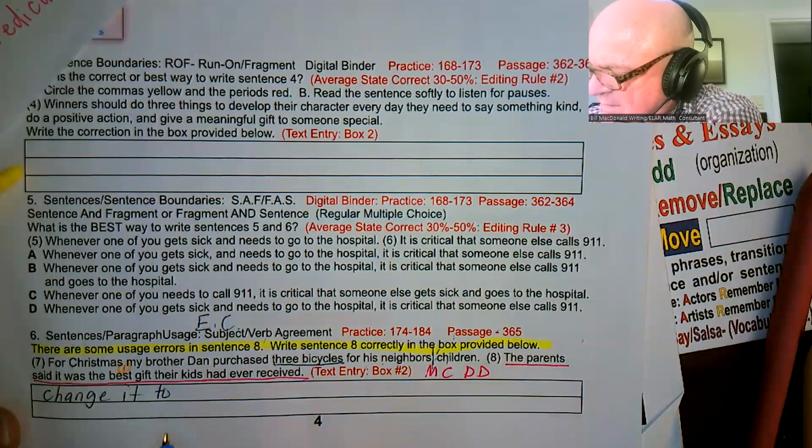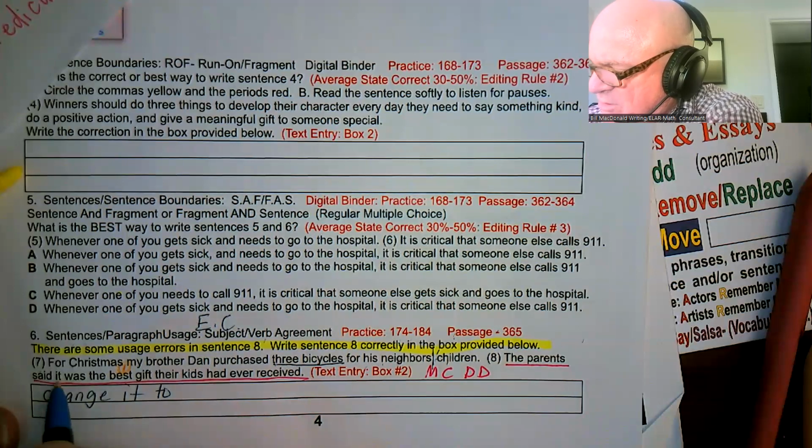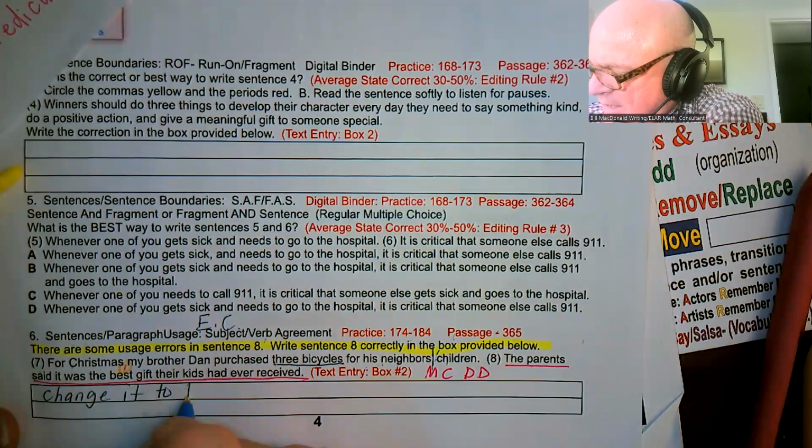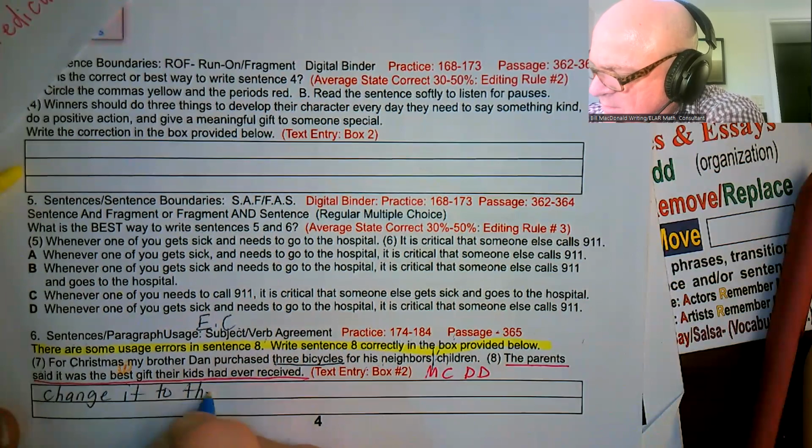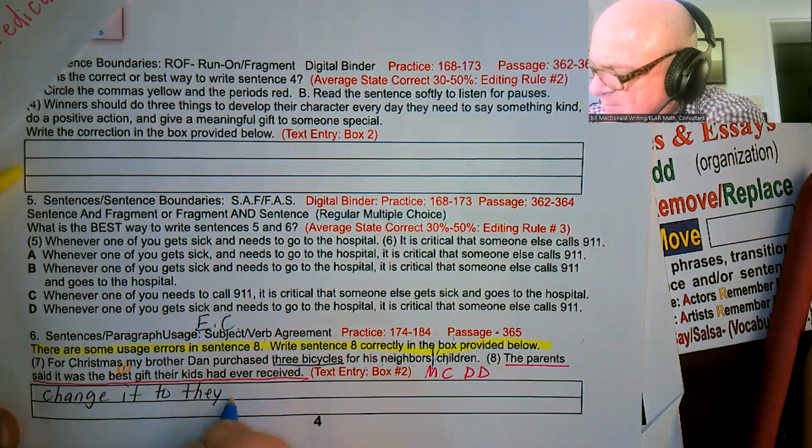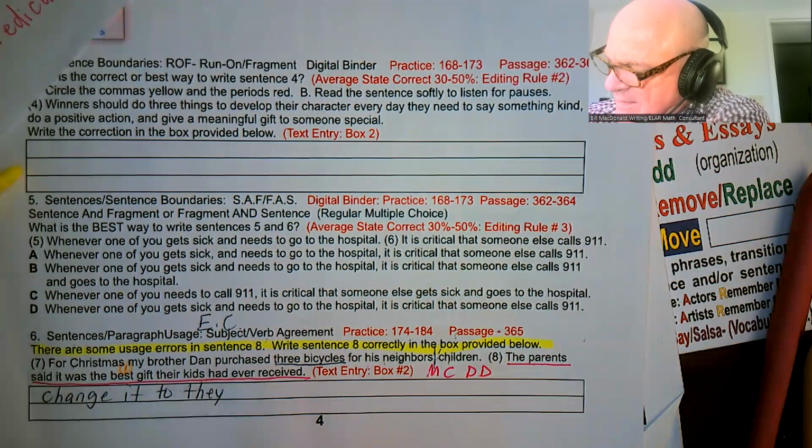The parents said it. Since the bicycles are plural, we can say they. So that's me practicing one way that if this was a drop down choice, it would look exactly like that. Okay. That's the first one.